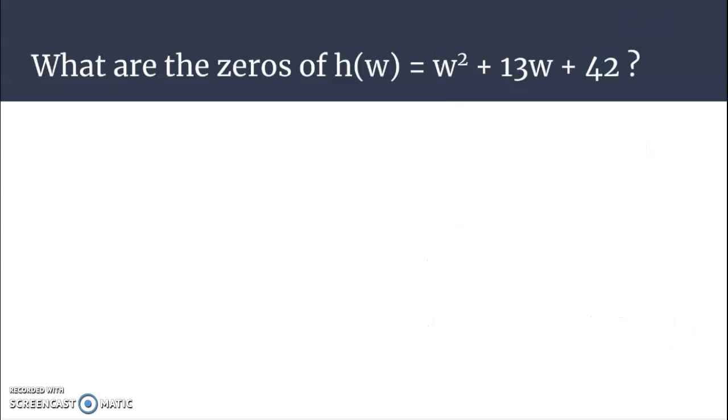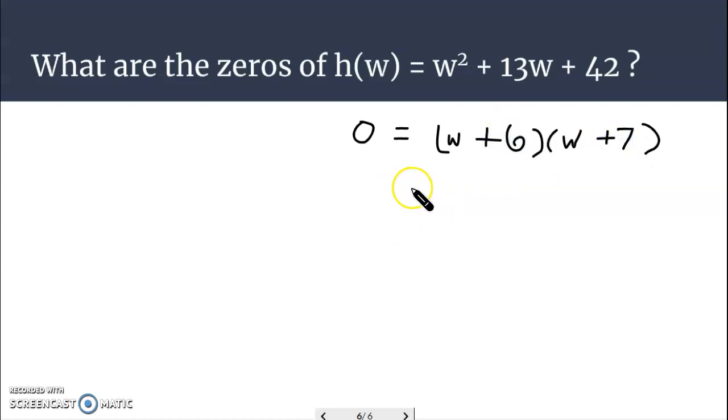Alright, we got one more here. What are the zeros of, this time we're changing up the variables, h of w equals w squared plus 13w plus 42? Not the xy axis as we know it, but fundamentally it works the same. We'll set up the factored form here, and we ask what factors of 42 add up to 13. That would be 6 and 7. 6 times 7 is 42, and 6 plus 7 equals 13.